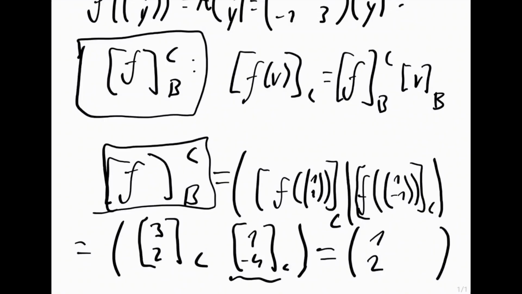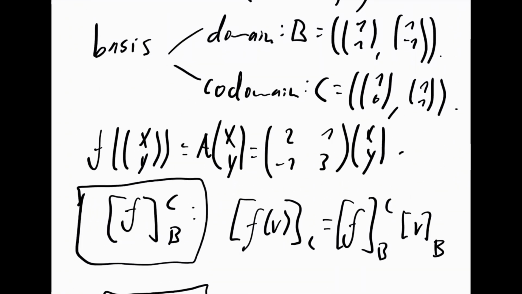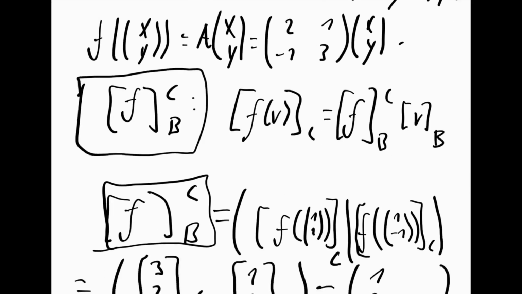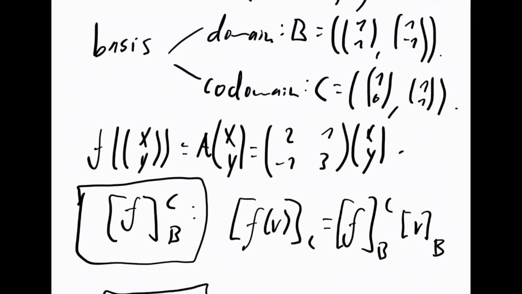And 1 minus 4, how do we get it in respect to C? What are the two numbers we multiply by the first component and the second component to get the vector 1 minus 4 as a result?